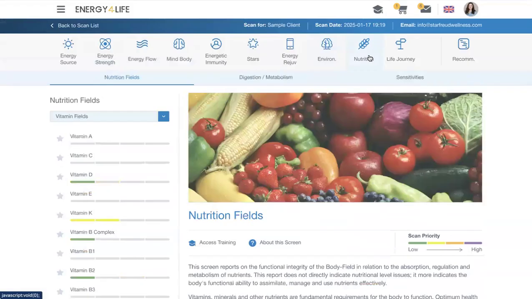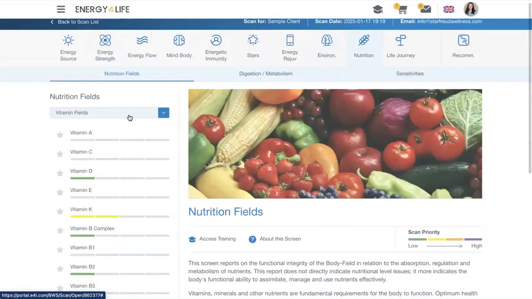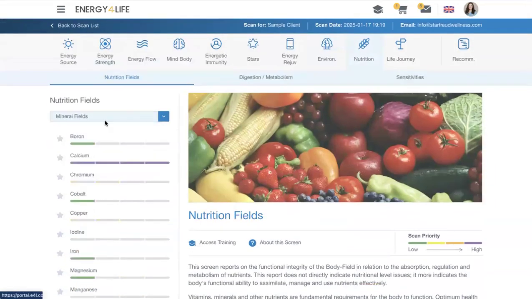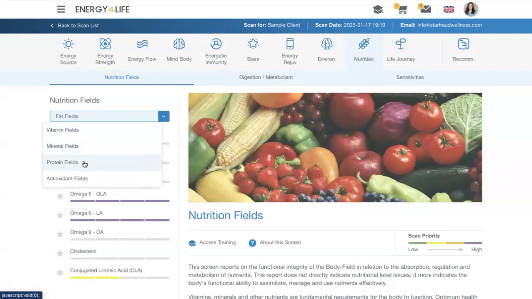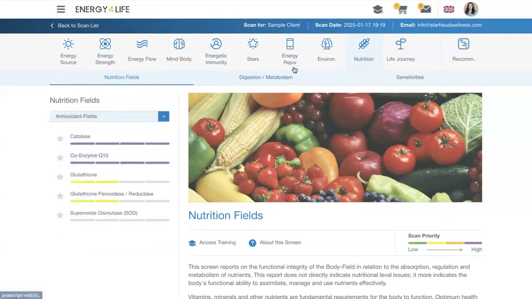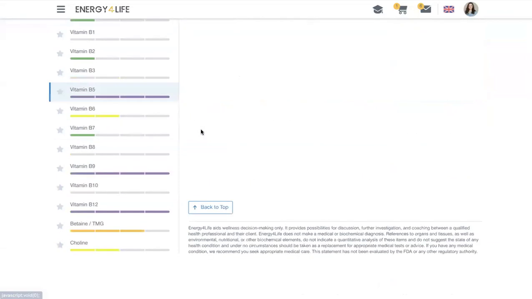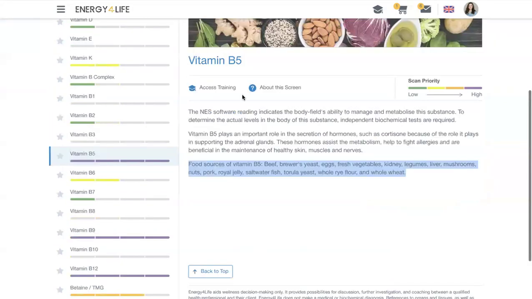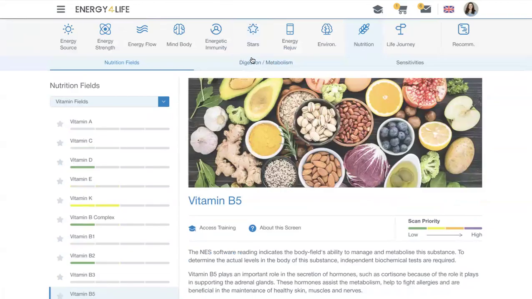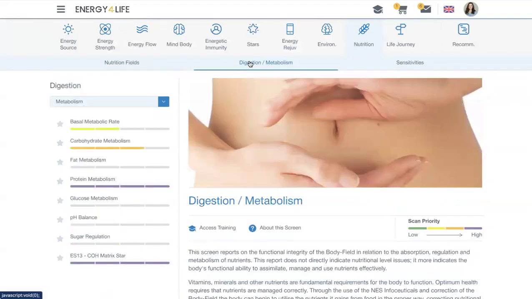The most popular section is the nutrition. This is what we look at when we do regular monthly check-ins, or even more frequently, depending on the nature of the need. Here we can see where there are imbalances in the vitamins, minerals, omegas, amino acids, and antioxidants. When something is showing up, it will give you examples of what foods you can eat, as well as explaining the role of that specific vitamin or mineral.